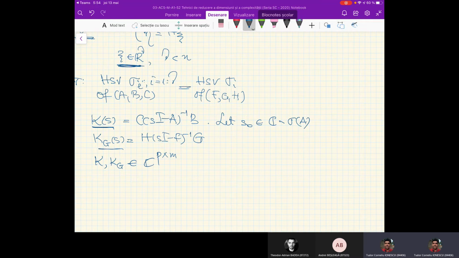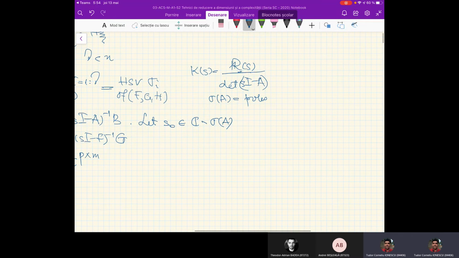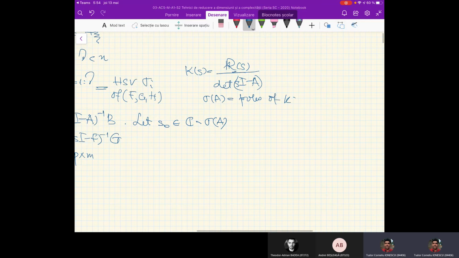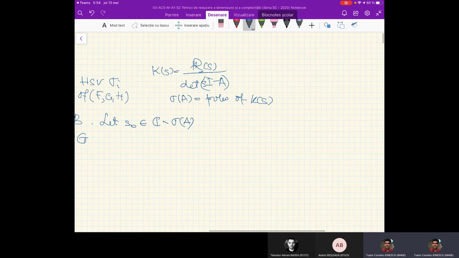I remind you that K(s) is 1 over det(sI minus A), and here you can call this R(s). So the sigma of A are the poles. We assume it's minimal and all this and all that. The sigma of A are the poles of K(s). So s0 should not be a pole of K(s).